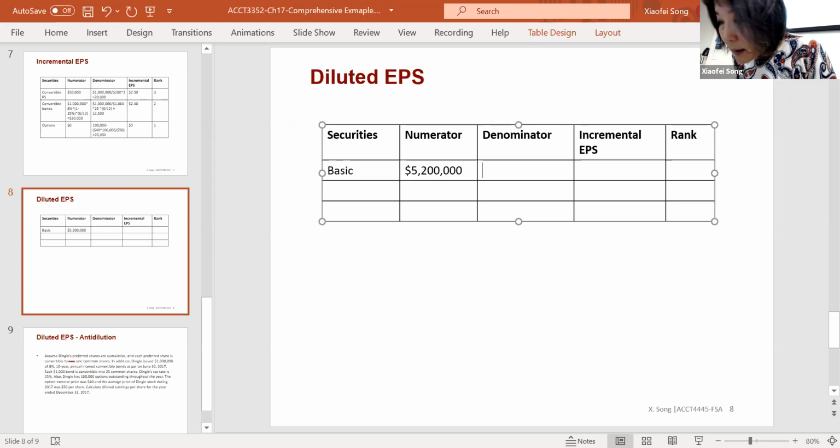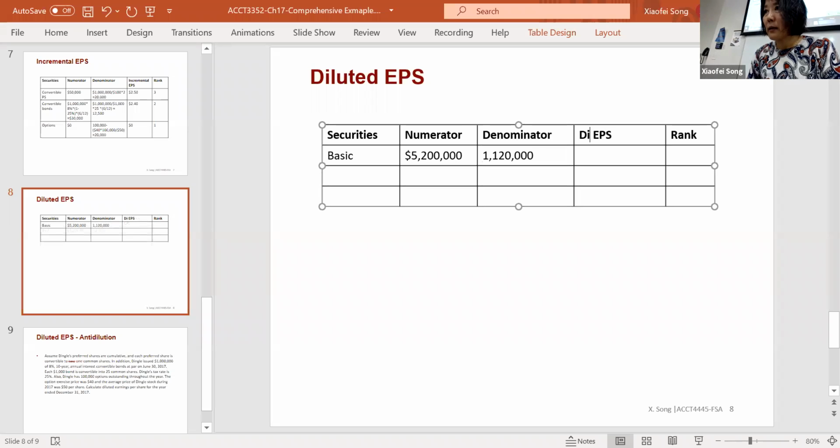And the denominator we calculate is 1,120,000 shares. At this time it's not diluted earning per share, so I should just use earning per share. So that is 4.64.